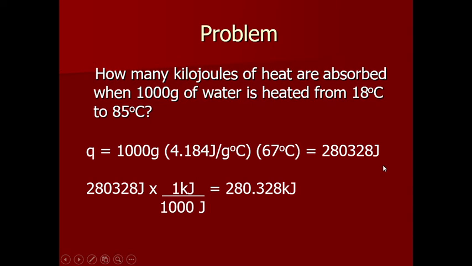If you wish to convert this joule into kilojoule, as we have to calculate heat in kilojoule, we just divide our answer by the factor 1000, and your final answer is 280.328 kilojoule. So this is the amount of heat absorbed when 1000 gram of water is heated from 18 degrees Celsius to 85 degrees Celsius.